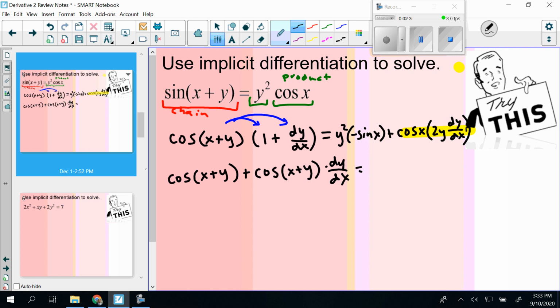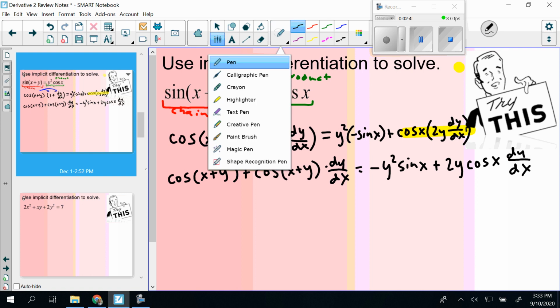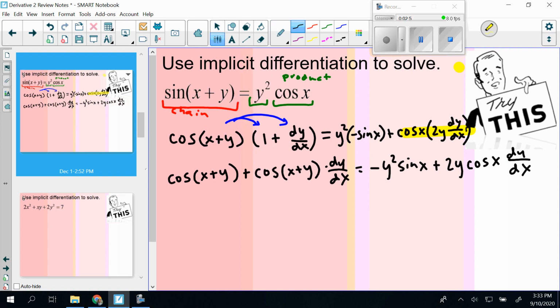Equals, I'm going to multiply that together and write the negative out in front. So I'm going to write it as negative y squared sine x. And then the last one, I'm going to put that coefficient of 2 out in front, 2y cosine x dy dx.